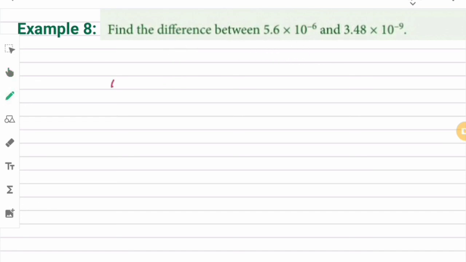The question is 5.6 into 10 to the power minus 6 minus 3.48 into 10 to the power minus 9. Which one you are going to change? This one. I am going to change it as 10 power minus 6.